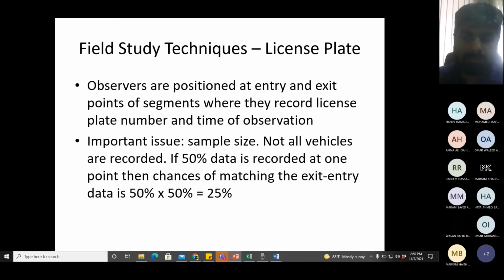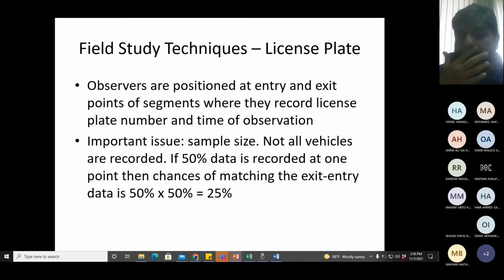So you have missed some cars. Okay, you do not record the license plate numbers of all the cars. So it may happen that you have recorded completely different 50 vehicles than the other observer. So obviously if the entry time is missing or the exit time is missing, then travel time cannot be calculated.